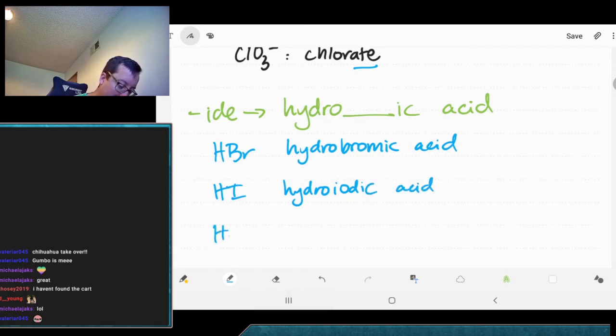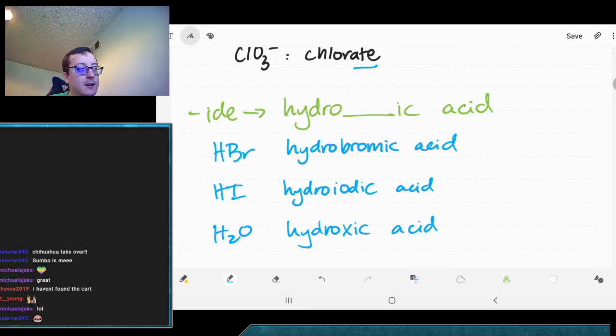Or hydroxic acid. There's your water again. You could name it as an acid if you want, and indeed hydroxic acid would be how you do it, and that is a technically correct name for water.